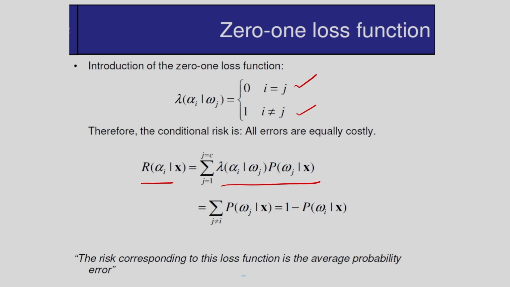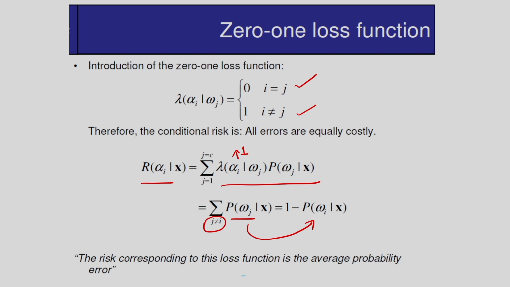This is the formula for the conditional risks, and from this you can see that when j is not equal to i, the value of the 0-1 loss function is 1. So that is why this value will be 1, and corresponding to this it is nothing but 1 minus the probability of Wi given X. That is the meaning of this.